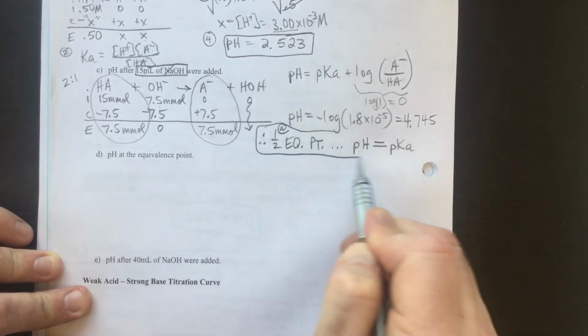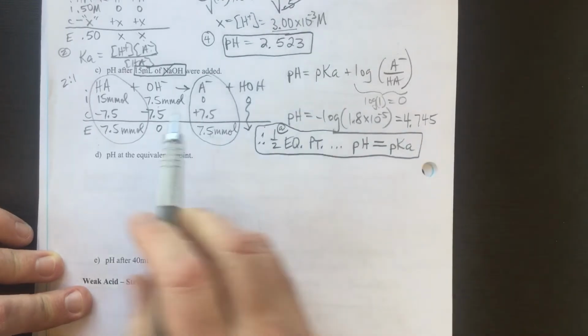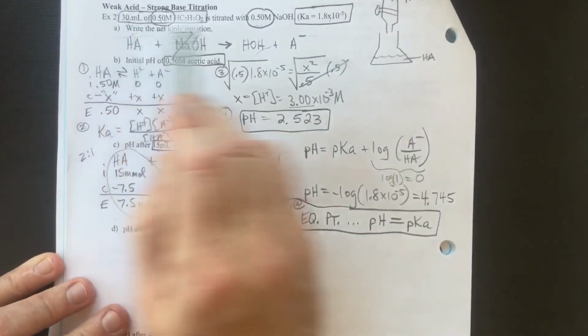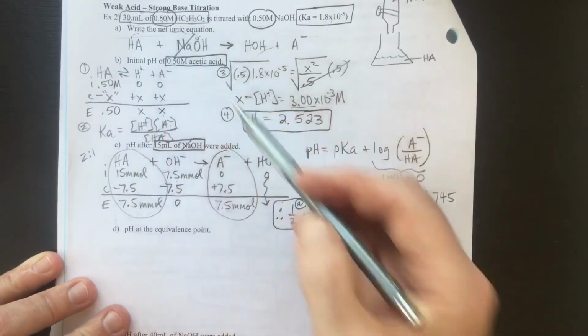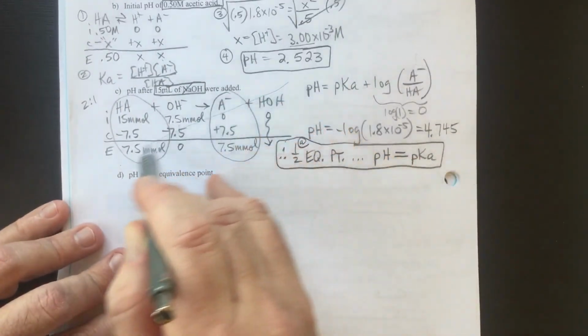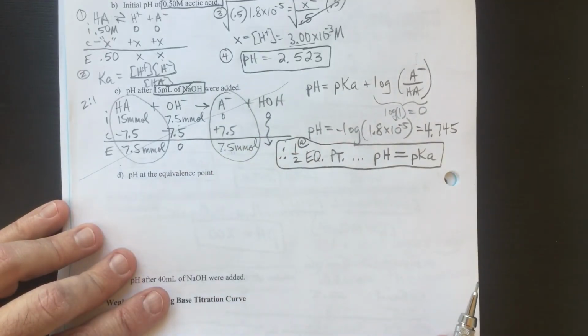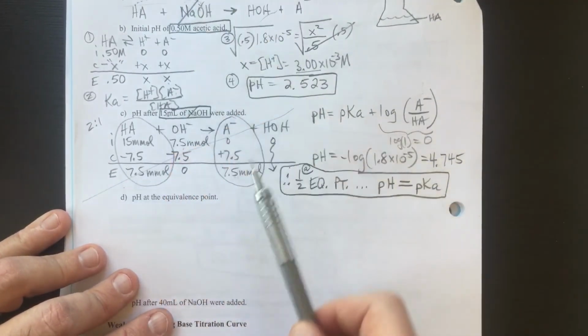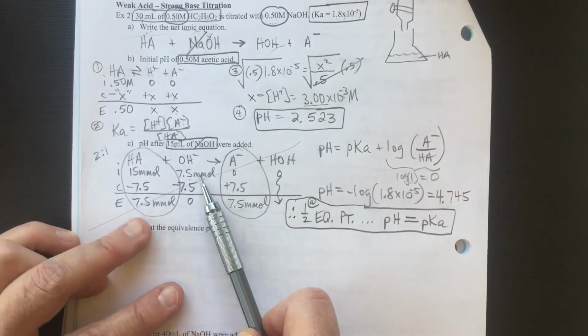So quite frankly, the minute I realized that this was 15 mils, half of 30, both are 0.5 molar, I really did not need any of that, and nor would you. So the minute you recognize, wow, I've got a weak acid, I'm going to make buffer. This particular mixture brings me to the half equivalence point.